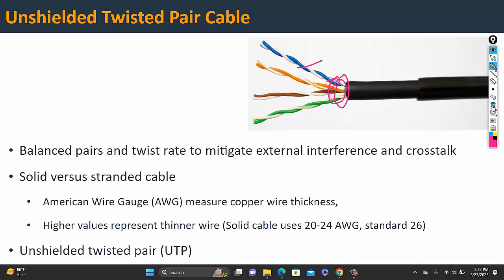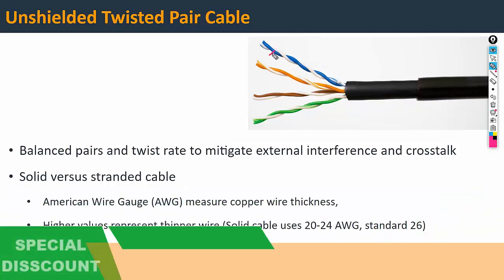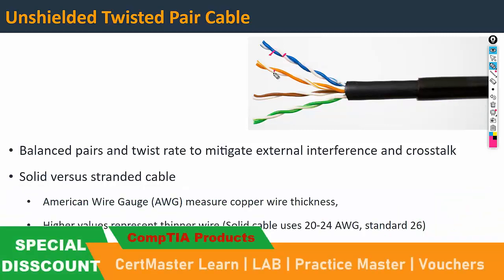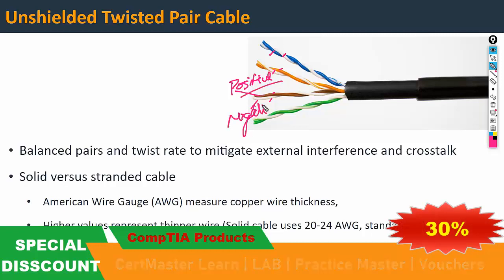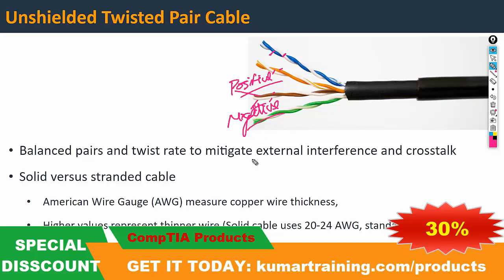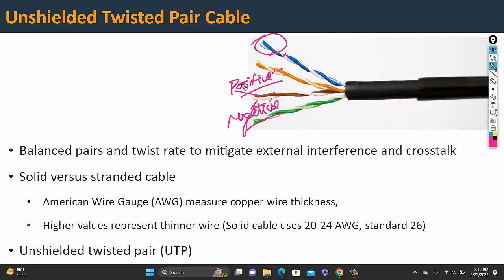So why are there two wires? One wire is positive and one wire is negative. Actually, the balance of the twisted pair mitigates external interference or crosstalk.